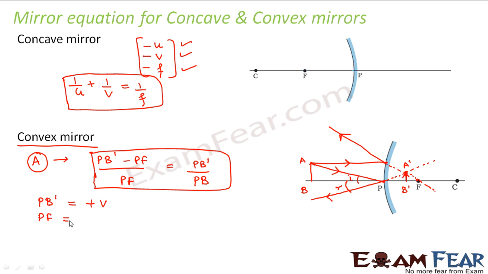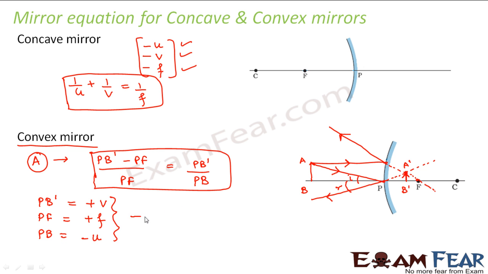What will happen to PF? PF is nothing but the focal length, and the focal length is also positive because it is along the direction of the incident ray. Now what will happen to PB? PB is the object distance, that is u, but PB is in the direction opposite to the incident ray. So this will be negative.